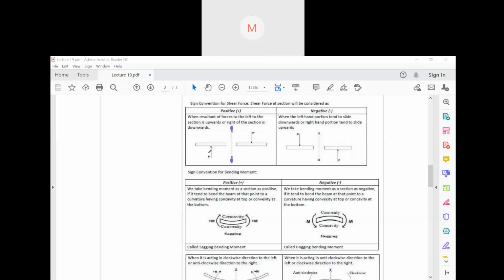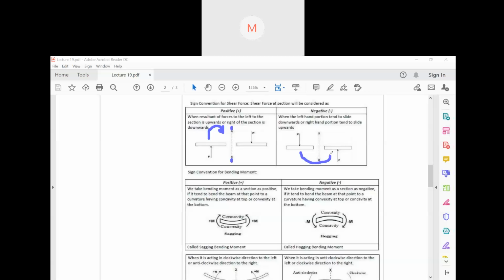Now if the force systems are in this manner, it is clockwise, if you can see. Is it clockwise or not? The force is coming from the bottom like this and going down, so it is basically clockwise.